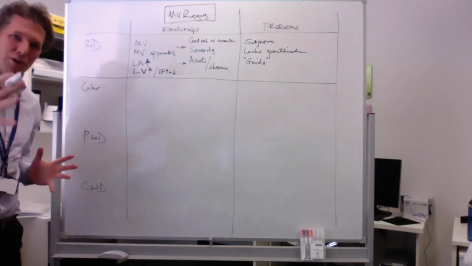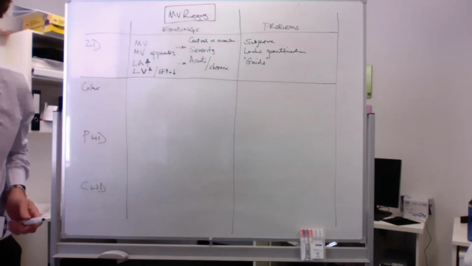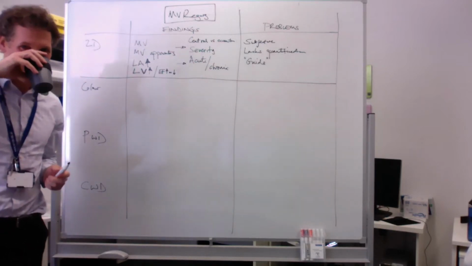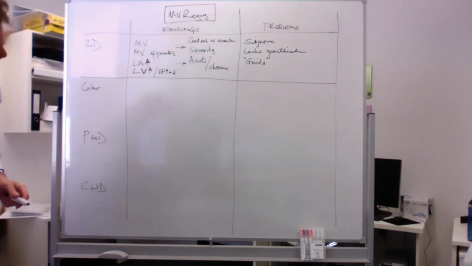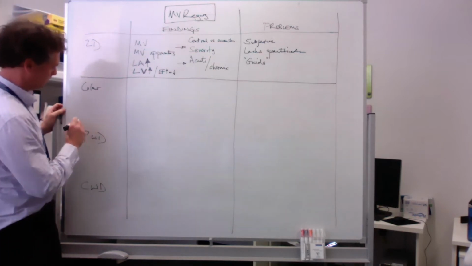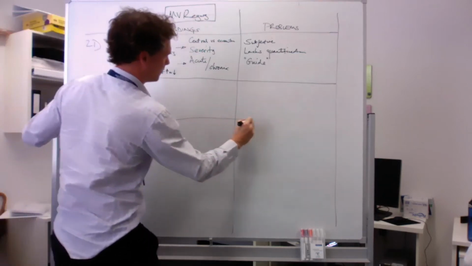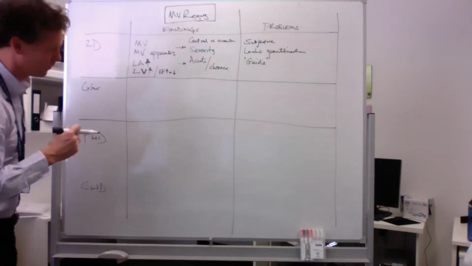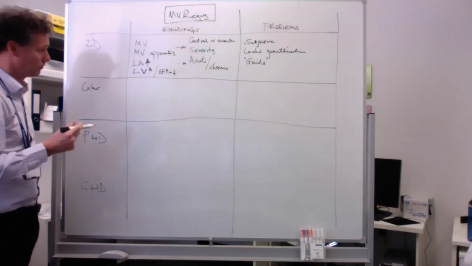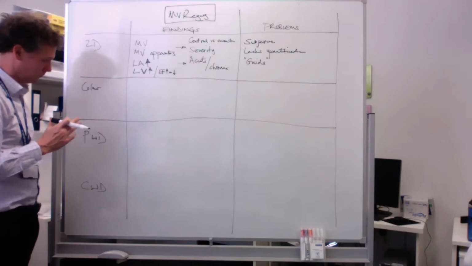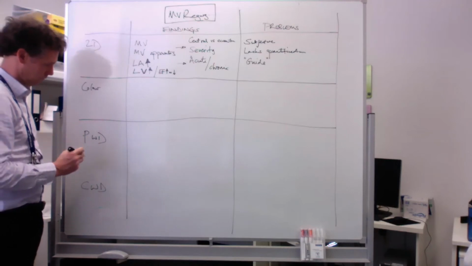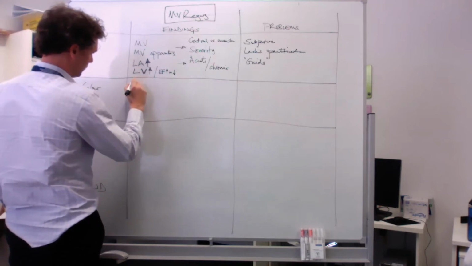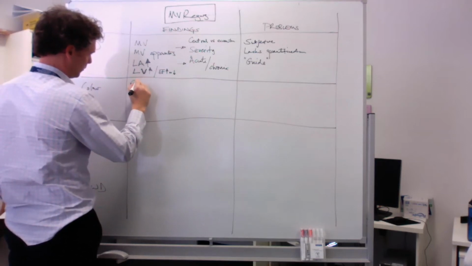Color Doppler. So how are you going to use color Doppler to assess severity of MR? Yeah, so color Doppler's a large part of assessing the severity of MR. It gives you the jet characteristics, so whether it is a central or eccentric jet.